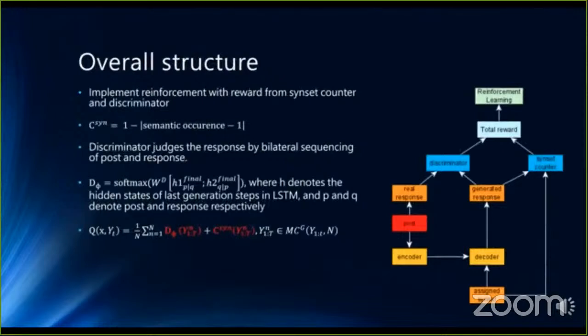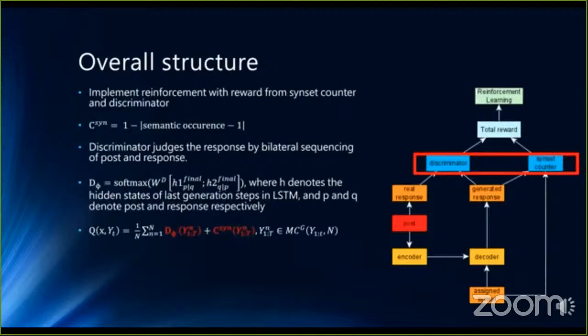We hope our generated sequence can include the desired semantics and does not repeat. Also, the sequence has to be correlated to the post. Therefore, we change the scoring formula of the original SeqGAN. The scoring formula now includes rewards from the sense counter and also a discriminator. The sense counter has the following formula and will be maximized when the desired sense only appears once. As for the discriminator, it contains two LSTM networks and judges the correlation of post and response by reading the post and response in different orders.